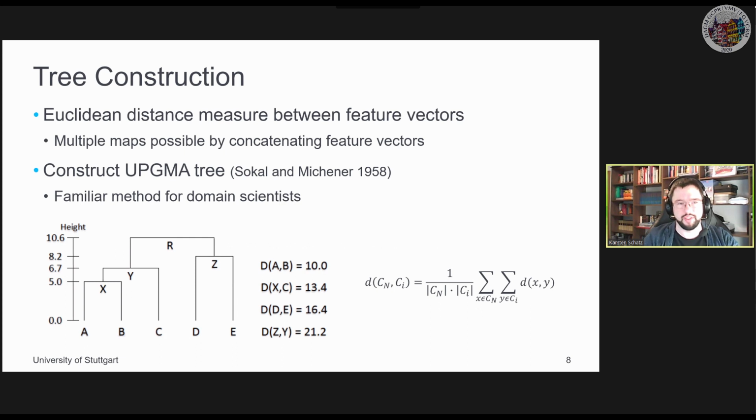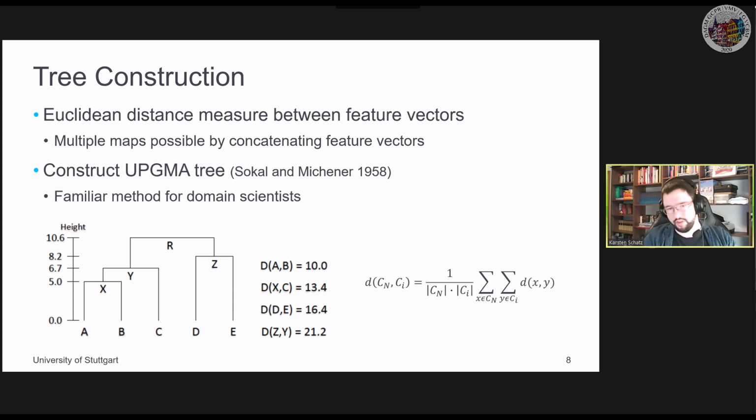So the property of these UPGMA trees is that the distance between two nodes is encoded in the height. As you can see here, the distance between A and B is 10. And the height of the node connecting them is 10 divided by 2. And that is a property for all of the distances here.